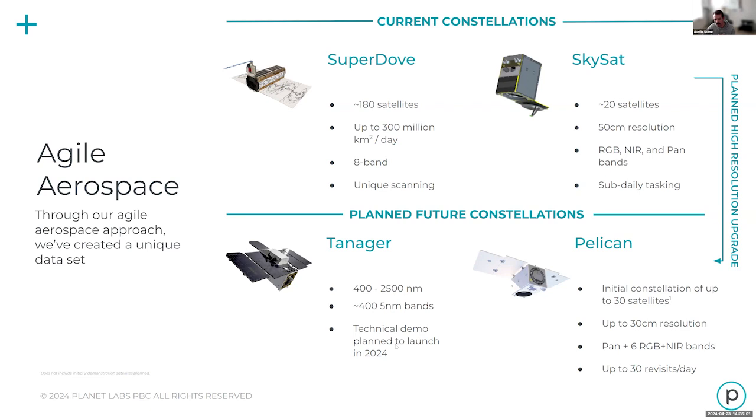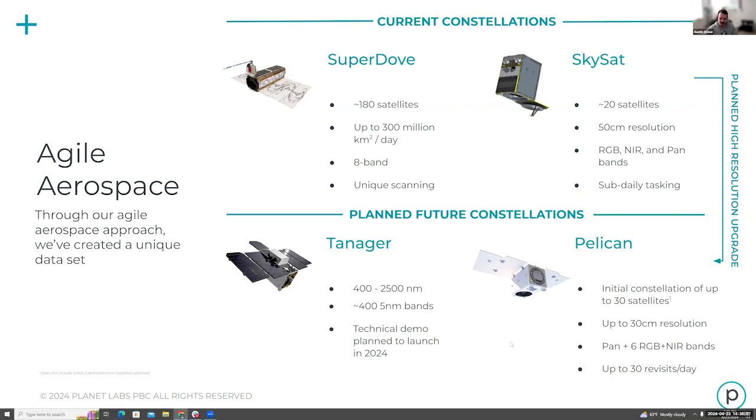This will be equipped with 6 spectral bands, as well as a planned 30 revisits per day. This will be over very particular areas on planet Earth. But based off of our demand with SkySat, we kind of know the hotspots of areas that our customers are interested in tasking over. So you can just think of this as a higher spatial resolution SkySat satellite.